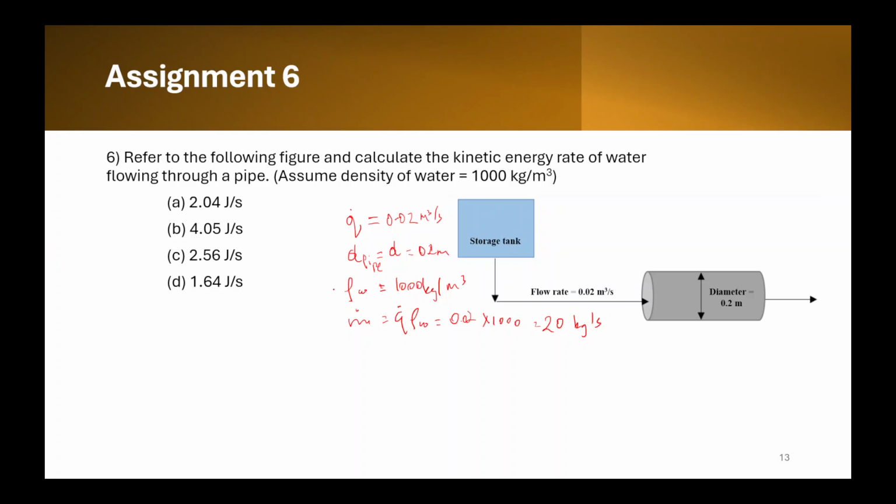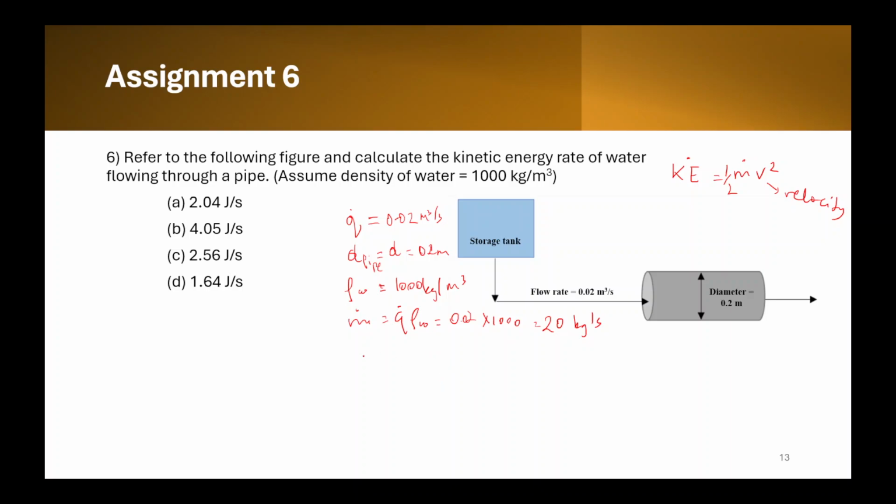So we need to find out the kinetic energy rate. So what will be the kinetic energy rate? KE dot will be half m dot v square. So we know m dot here, but we don't know v or velocity. So how can we find that out? We know the volumetric flow rate and we also know the diameter of the pipe.